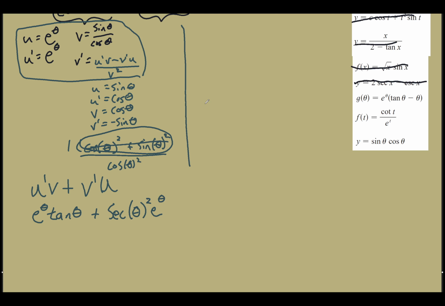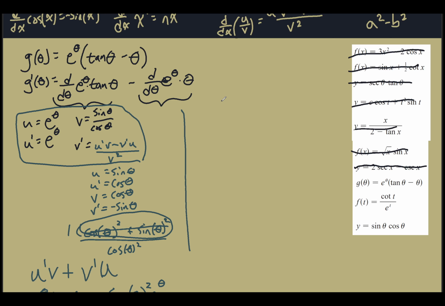Let's look at the second side of this here, over here. d theta. This is another product rule, isn't it? So let's get our original ink color back out. Our u value is e to the theta. U prime is e to the theta. V is theta.